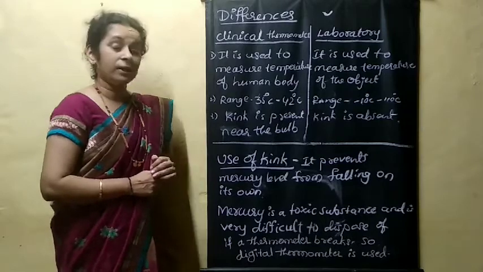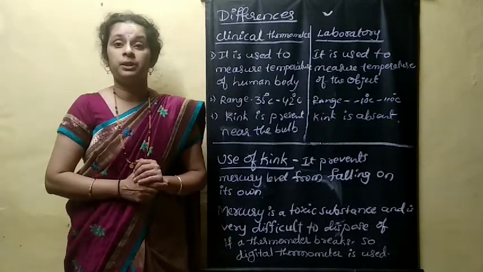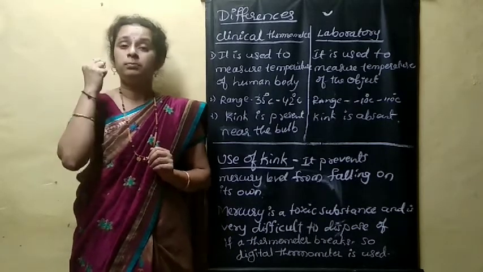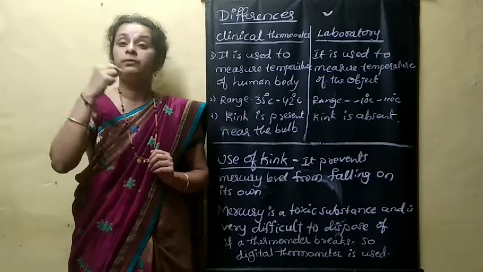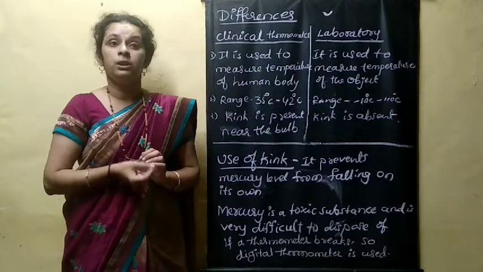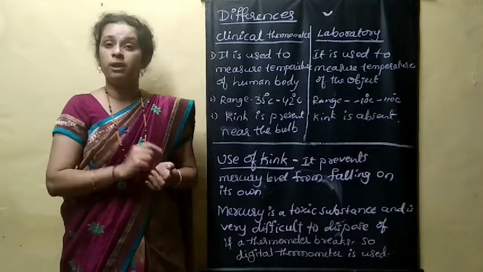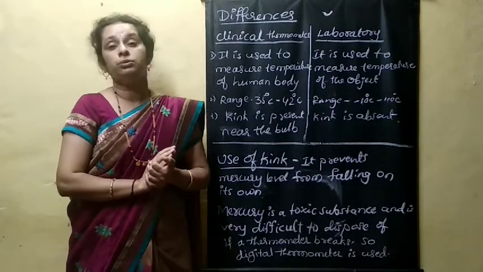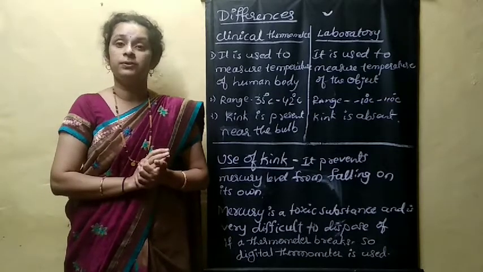While this kink is present in the clinical thermometer, what is the use of this kink? When you keep the clinical thermometer in the mouth and then take it out of the mouth, the mercury should not fall below the reading. It should not fall on its own, otherwise it will not give the exact measurement of the temperature.